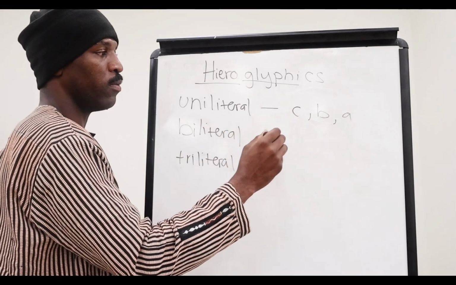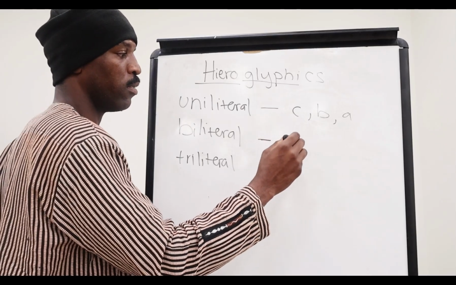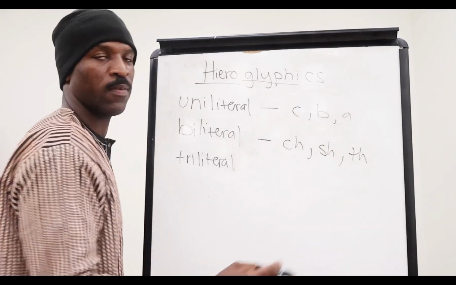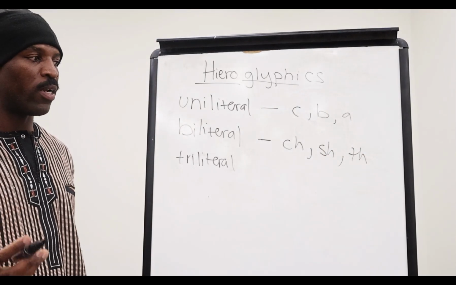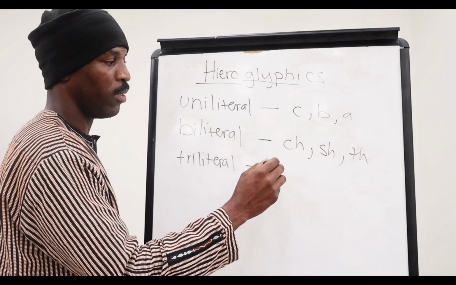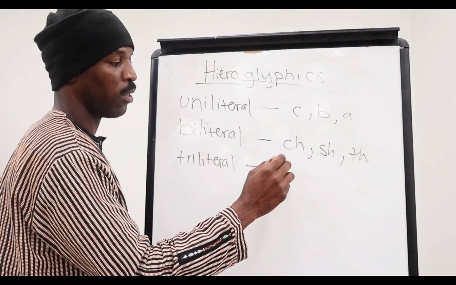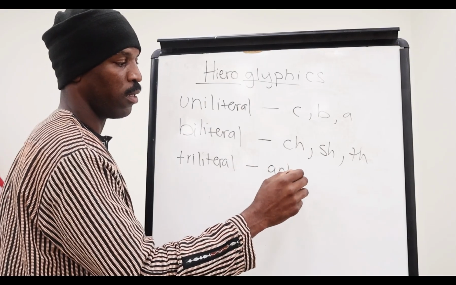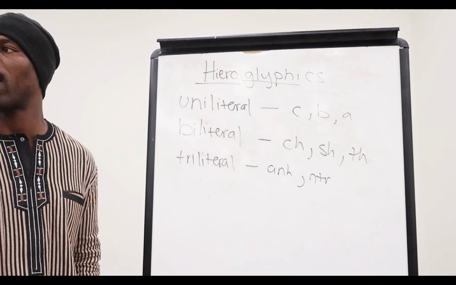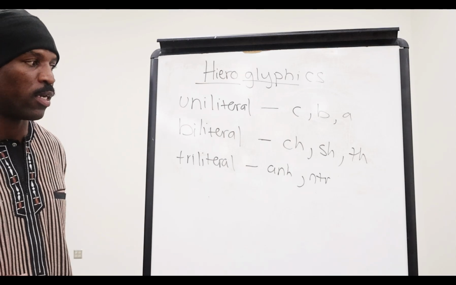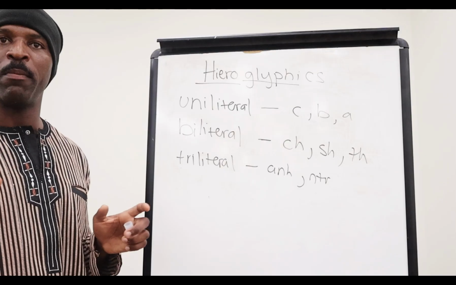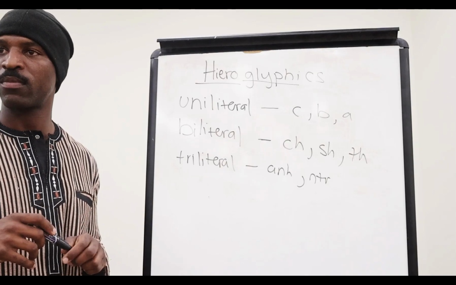Then biliteral, one hieroglyph would represent the sound of two letters, Ch, Sh, F. And also triliteral, like the Ankh. So sometimes they had hieroglyphs that represent the sound of three letters put together, right? And using these hieroglyphs, they will put them together and make certain words, okay?